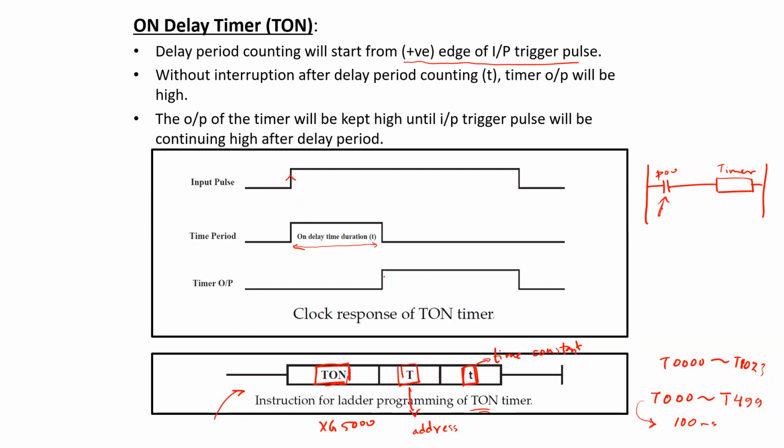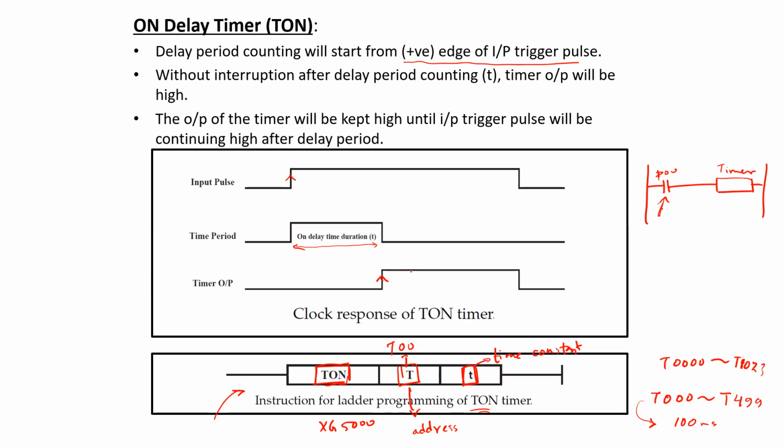After that duration, the timer output goes to a high state. So this address, let's say if it is T00, initially remains at logic level 0. Whenever the delay count is over, the output of the timer has a transition from 0 to 1.